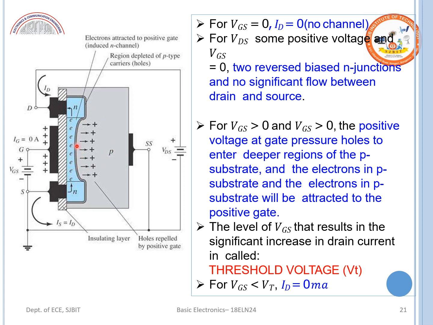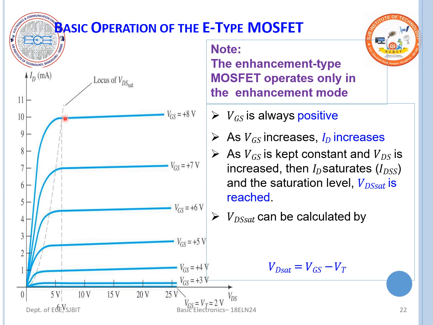At these levels of VGS, we can see the capacitance effect acting at the gate terminal. The level of VGS that results in a significant increase in drain current is called the threshold voltage VT. Below this threshold voltage, my ID would be equal to 0 milliampere. So let us look into the characteristic curve of the E-type, that is enhancement type MOSFET.